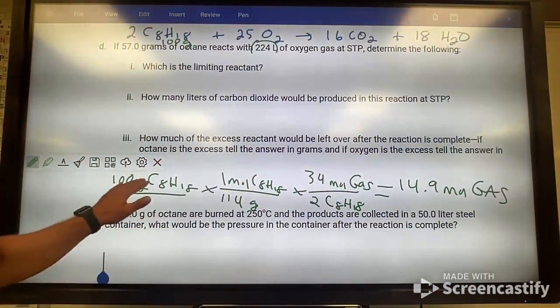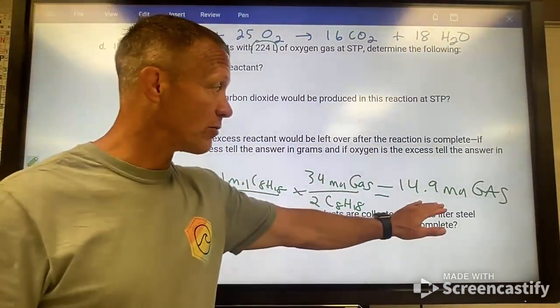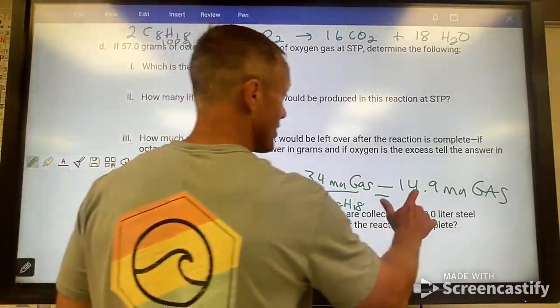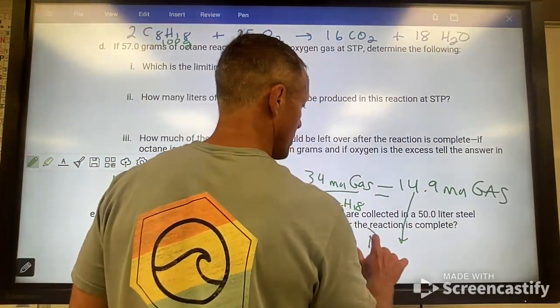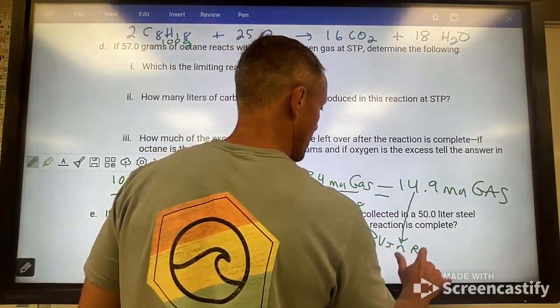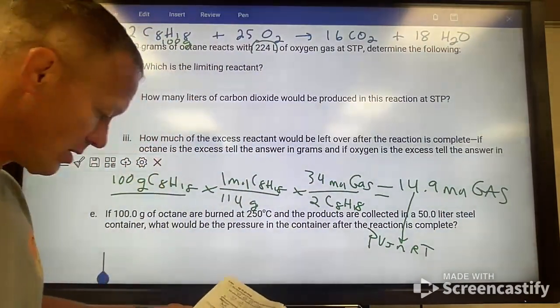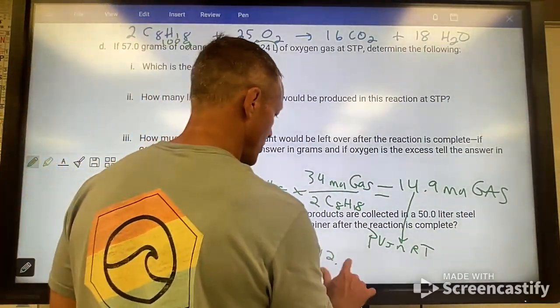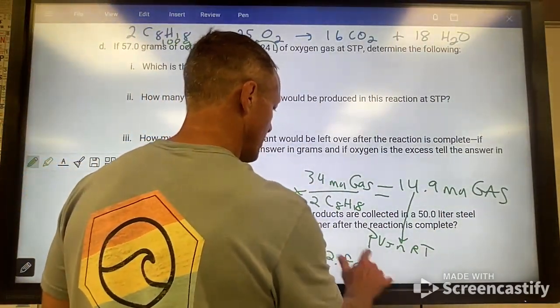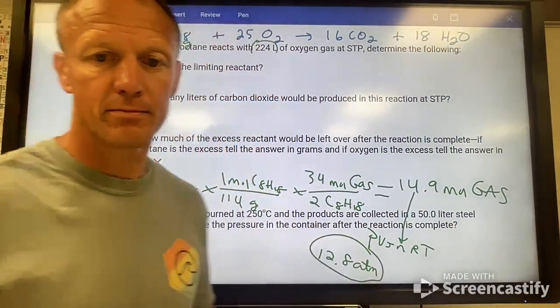So if we burn 100 grams of C8H18, we make 14.9 moles of gas. We can plug that in for n in PV = nRT and solve for our pressure. I got a pressure there of 12.8 atmospheres.